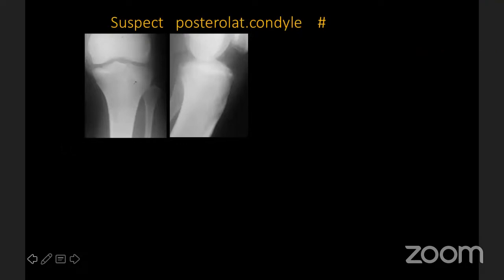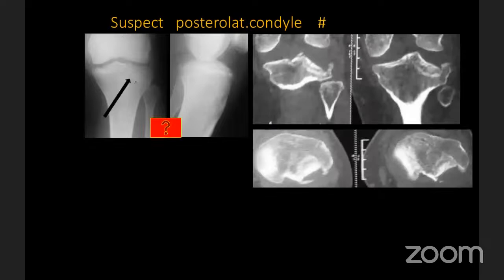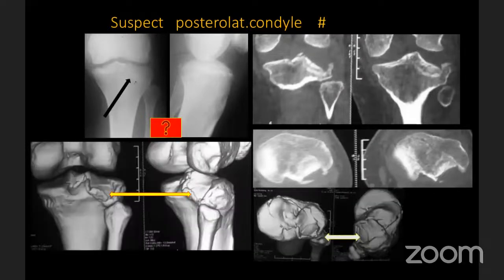Now there is the X-ray. So again, there is a suspicion that there is a lateral condyle fracture. So these are 2D CT and 3D CT images. Now you can see here, there is a posterior condyle depression with a slope. Again, comminuted depression. Anteriorly, there is no fracture.